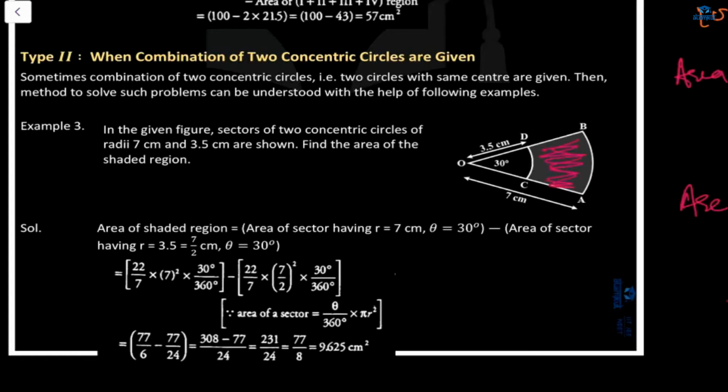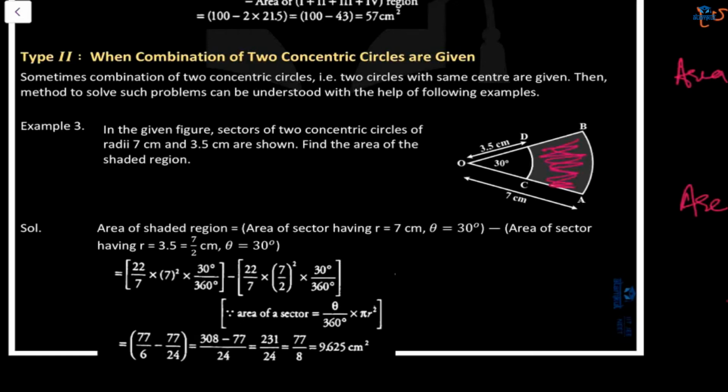We already know the area of the sector: theta upon 360 into pi r square, where theta is the angle that the sector makes at the center. To find the shaded portion area, we need to find the bigger sector area, that is BOA, and then subtract the area of the smaller sector DOC.